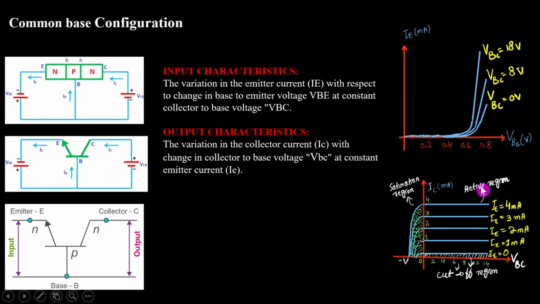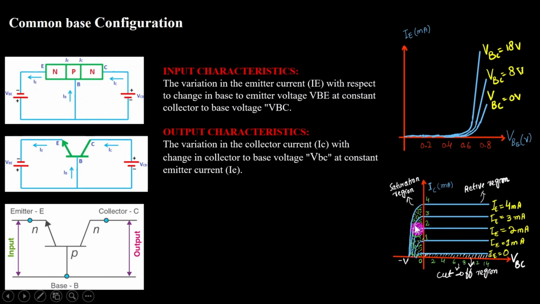This is the region when this emitter to base junction is forward biased, and similarly the base to collector junction is reverse biased. In the active region, we have the emitter to base junction forward biased, and the base to collector junction reverse biased.